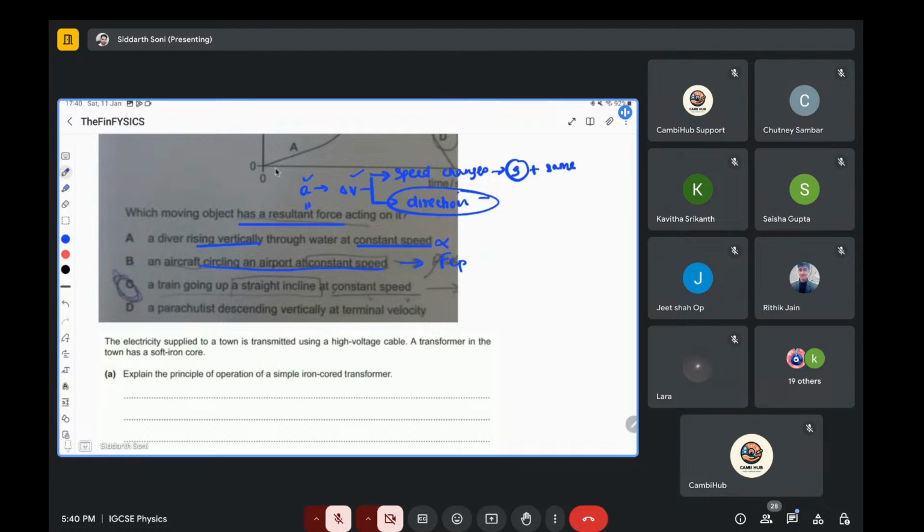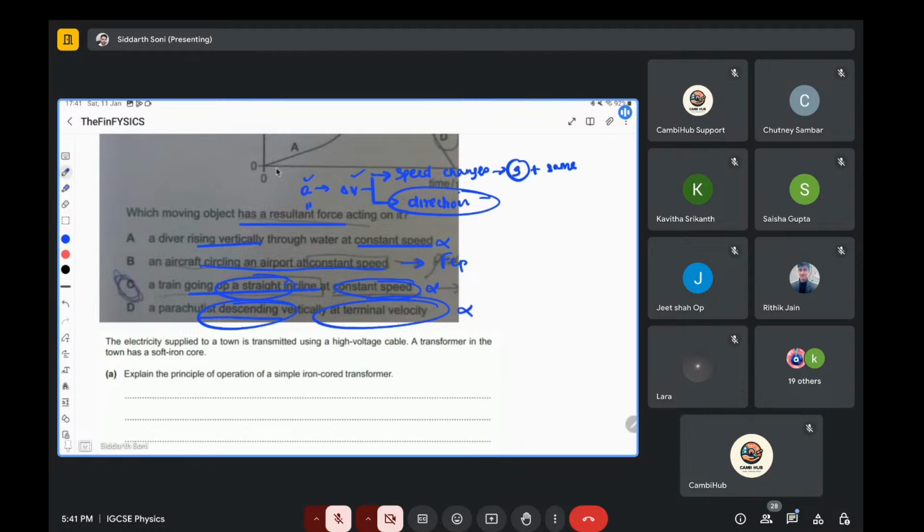The other two options, going up straight. Again, my direction is the same, speed is the same, which means there is no acceleration, and so is the last one, telling you that you're descending at terminal velocity. Now they have not used the words constant speed, but rather terminal velocity. Terminal velocity itself happens when your resultant force becomes zero. So even D is out.